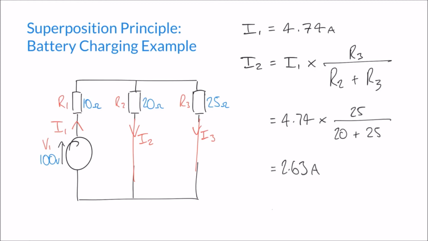And so I can just do a simple subtraction here and say that I3 is equal to I1 minus I2. And putting some numbers in there, that's 4.74 minus 2.63, and that gives me an I3 of 2.11 amps.